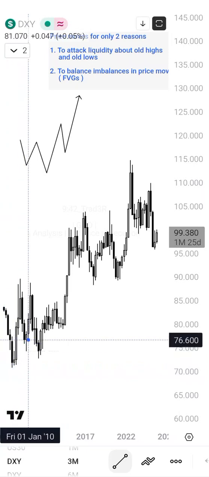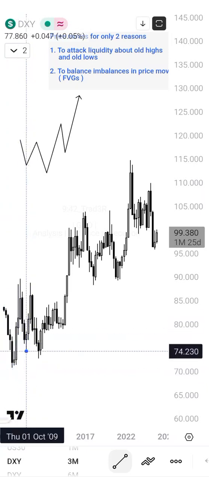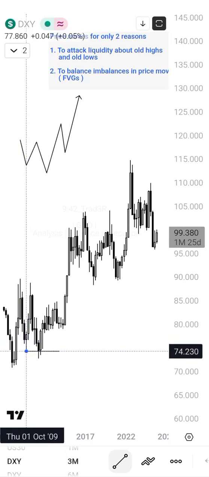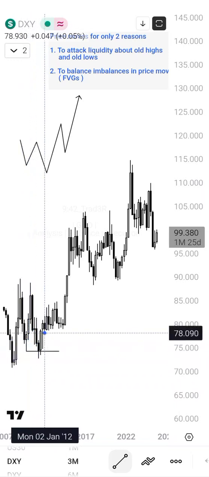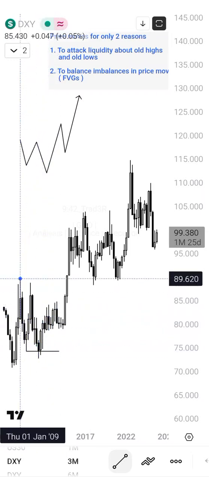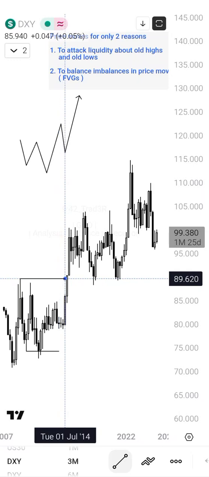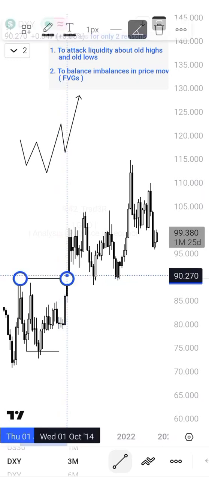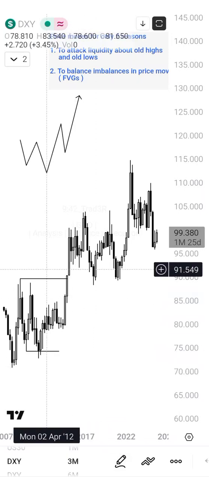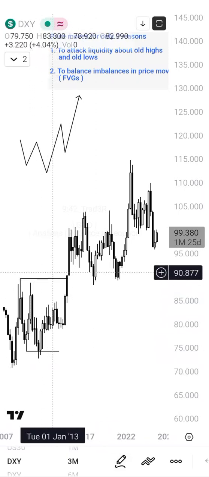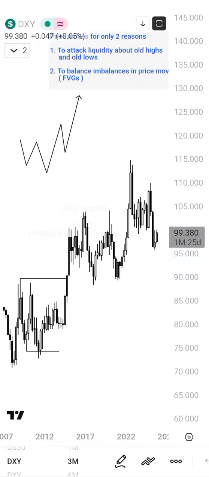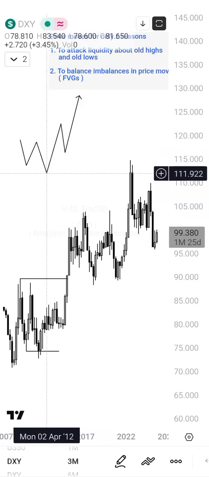Price took this liquidities below here, which is the sell side liquidity, and expanded to the upside, and after that they took this buy side liquidity. This buy side liquidity they didn't just take the highs, they actually broke and expanded away from the highs, creating this impulse leg we have here.